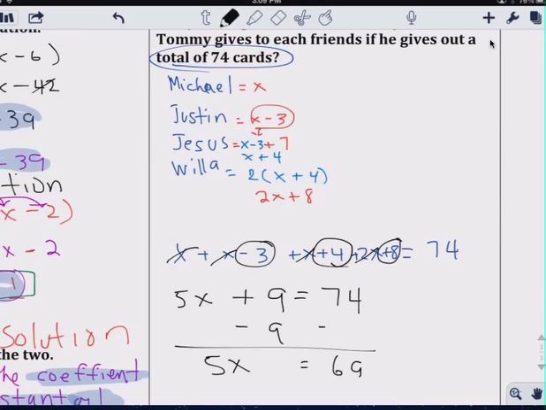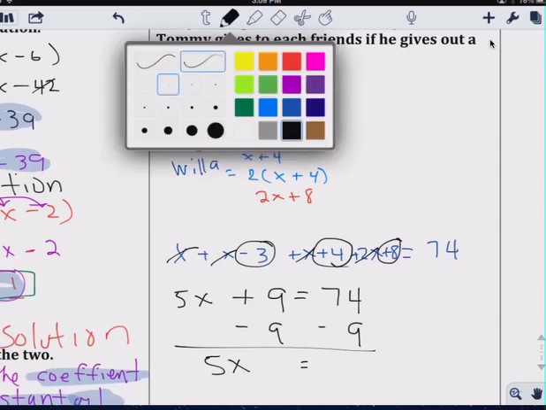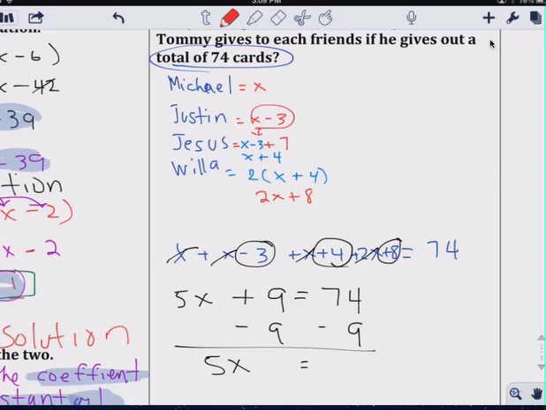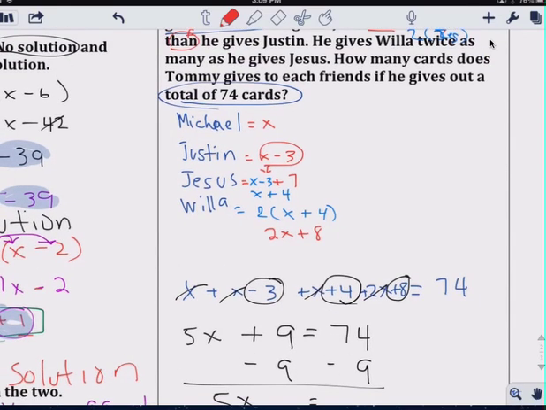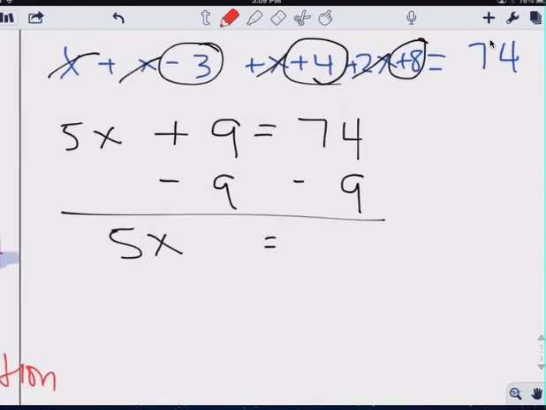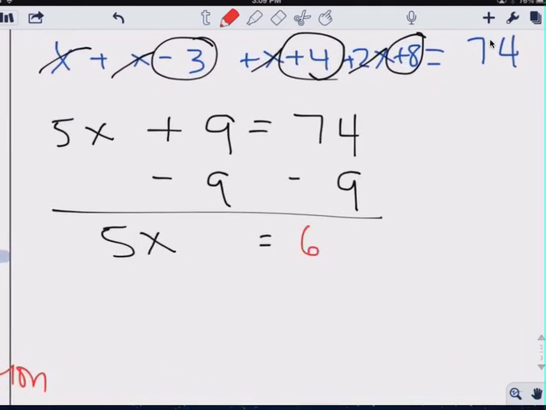Minus 9, minus 9. See how I got a fraction? They can't have half of a card. So I know I did something wrong, because he's giving them cards. You can't tear a card in half. 65, right? Divide by 5, divide by 5, you get 13.